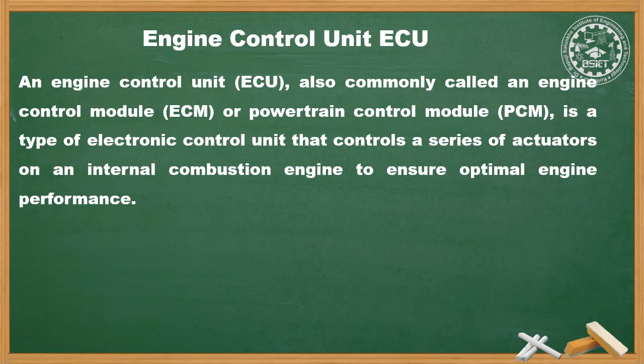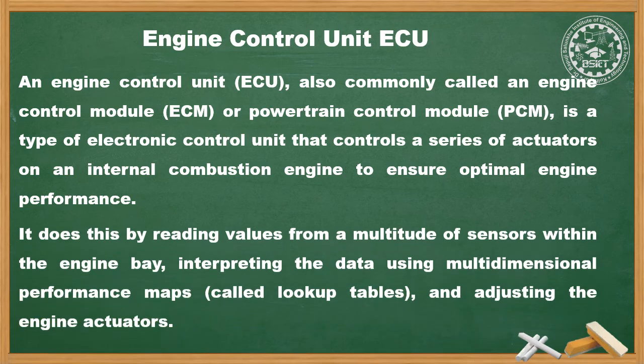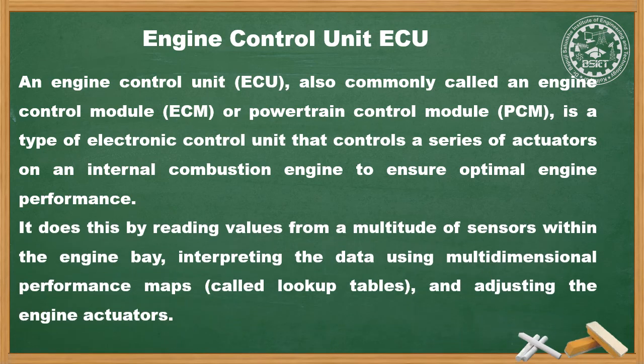Electronic control module is a generic term for an embedded system that controls one or more electrical systems or subsystems in an automobile. It does this by reading a multitude of sensors within the engine bay, interpreting the data using multi-dimensional performance maps, and adjusting the engine actuators.